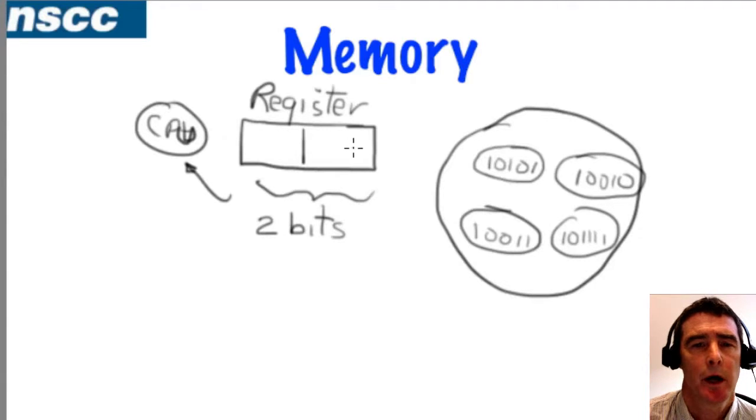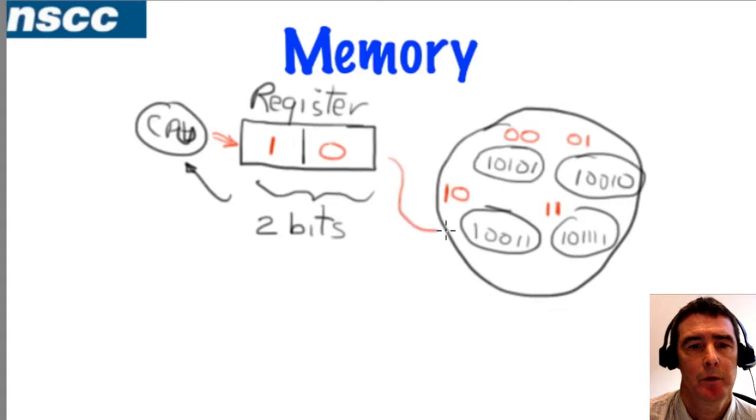And this register will be used to access our memory, because this is the data that's in the memory, but each memory has what's called a location or an address. So I'm going to give a label to all these memory locations here. The register is used to determine which of these locations the CPU is going to access. So the CPU basically uses this register, and so if it puts 10 here, the CPU is accessing, it can either write to or read from this location.